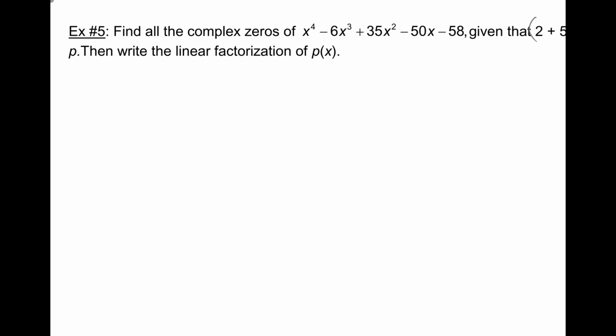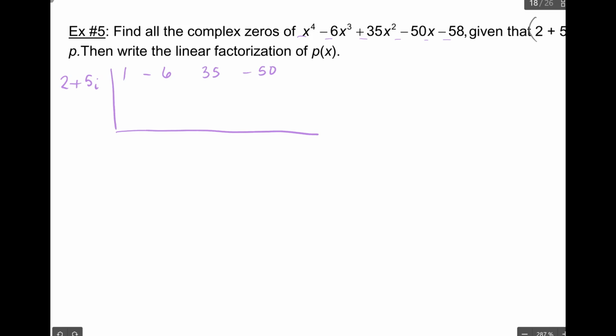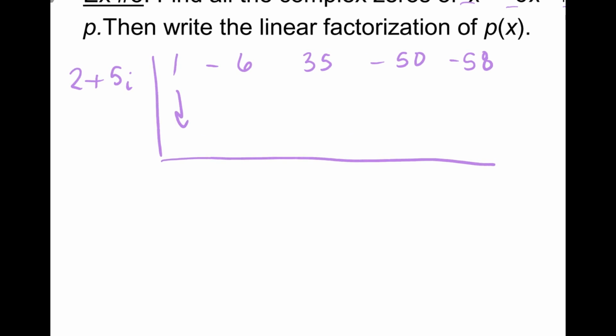Alright, so I'm going to take 2 plus 5i, and I'm going to do something like division with it. Just take all the coefficients of this function, so that's 1, negative 6, 35, minus 50, and minus 58. So go through, multiply this by, bring it down, multiply, so I have 2 plus 5i.